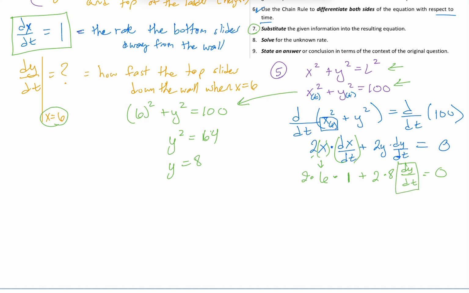That brings us to step 8. In step 8, we're going to solve for the unknown. The only thing we don't know is the dy/dt. So I'm going to simplify this a little bit. So I get 12 plus 16 dy/dt equals 0. Solving for dy/dt is subtract 12 from both sides.